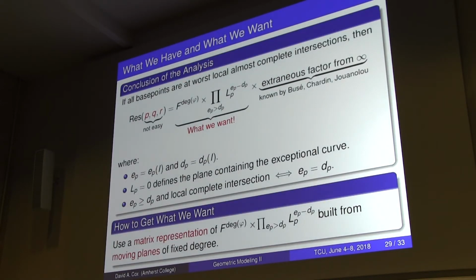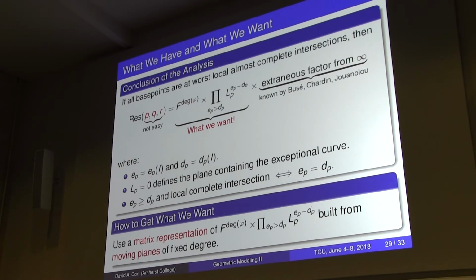So where are we, and what do we want? Because we've got all these problems. We have this resultant. Let's first assume that the base points are at worst local almost complete intersections, so we don't have any rank 0 base points. If the base points are all rank 1 or 2, then we have our resultant.